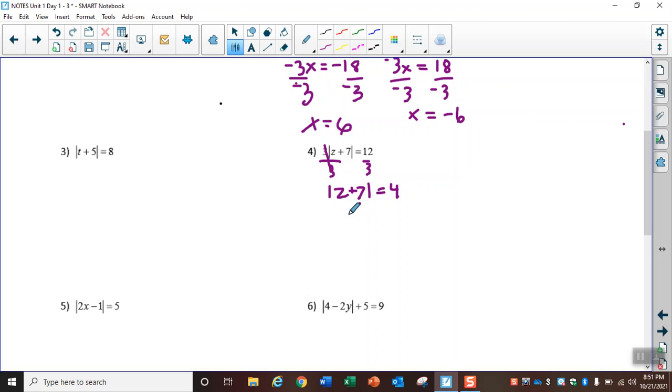All right, and then now to get rid of the absolute value, I'm going to take what's inside, z plus 7, set it equal to negative 4, and then I'm going to take it and set it equal to positive 4.